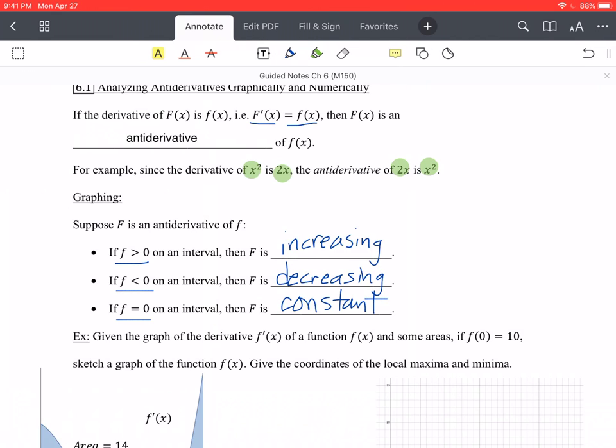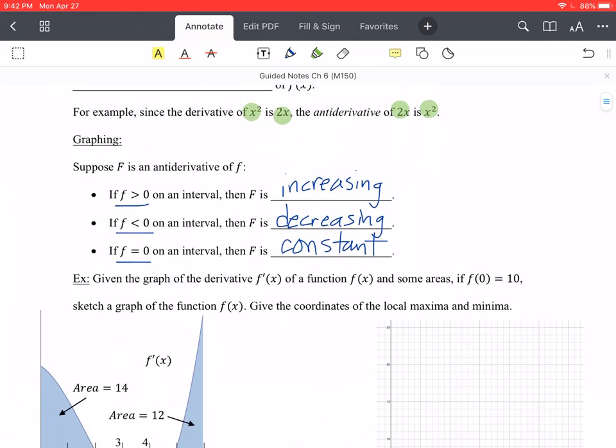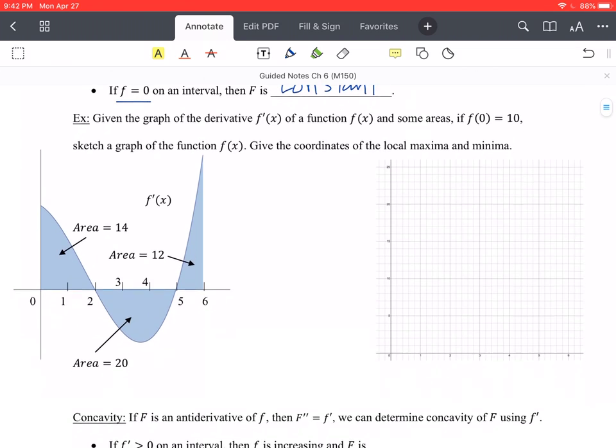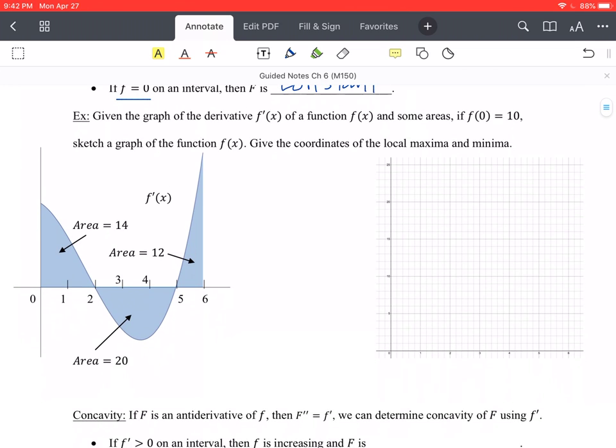Okay, so again, it's just all about shifting our perspective, looking at it kind of backwards from what we were used to looking at. So let's look at an example with this. Given the graph of the derivative f prime of a function f of x and some areas, if f of 0 equals 10, sketch a graph of the function f of x, and give the coordinates of the local maxima and minima.